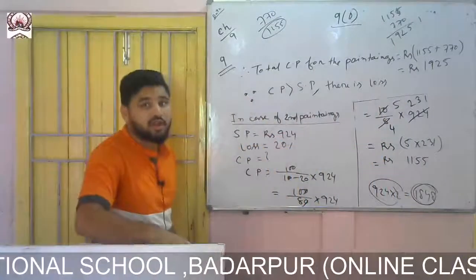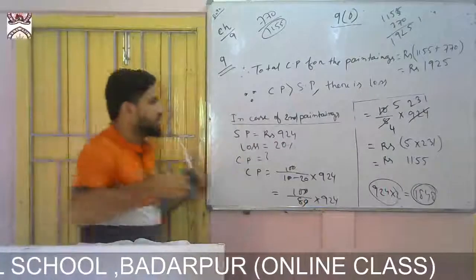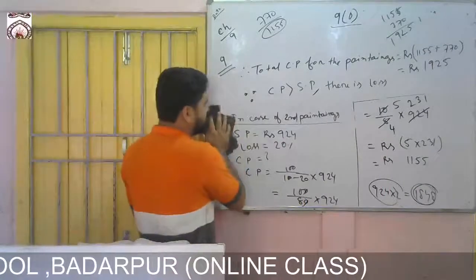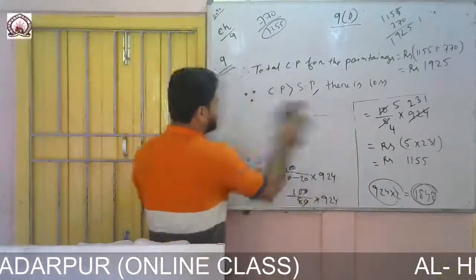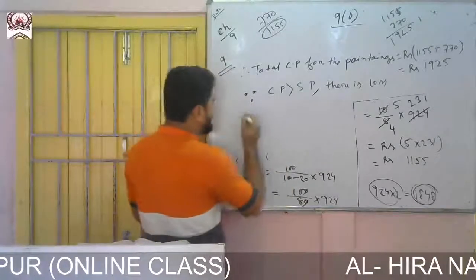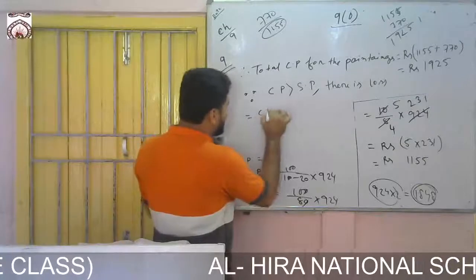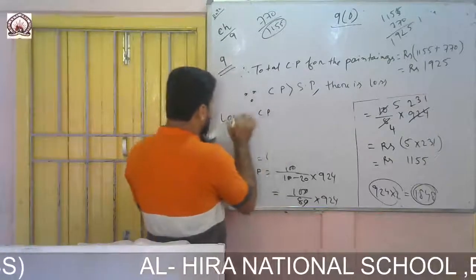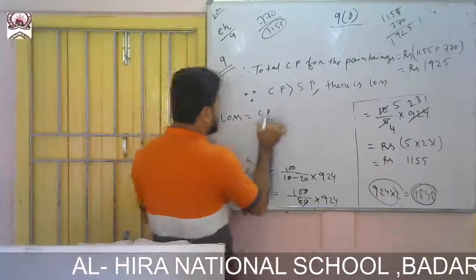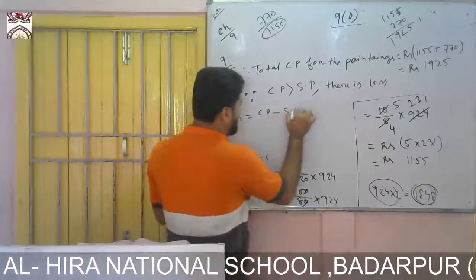Now how much loss we need to find in the whole transaction? So loss will be CP minus SP.